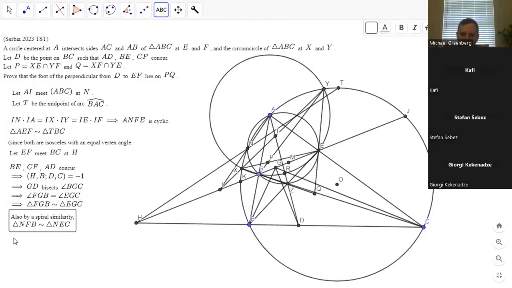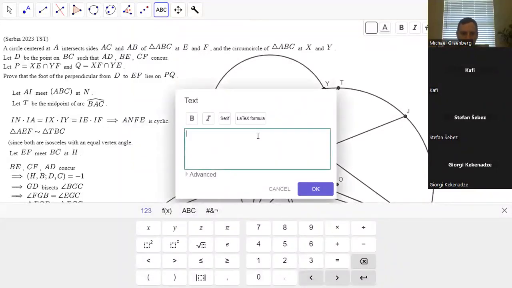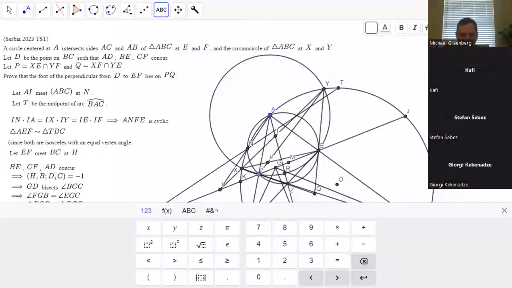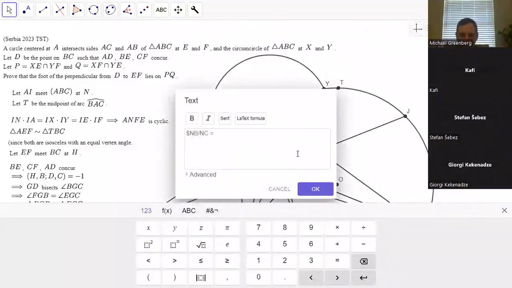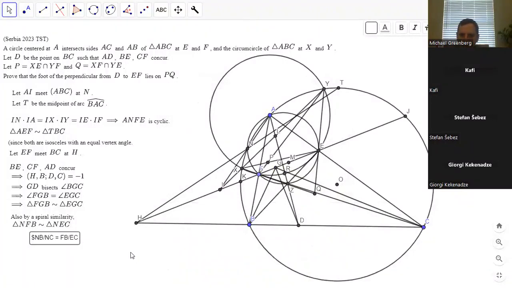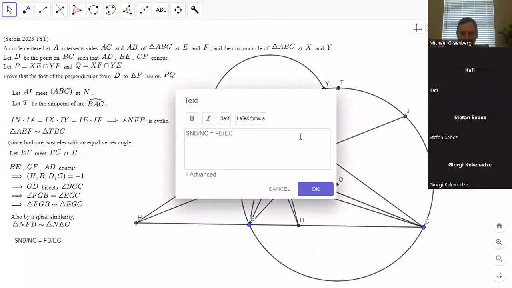So FG over GE equals GB over GC equals, so ND over NC is equal to FB over EC, which is GB over GC, which is BD over DC.